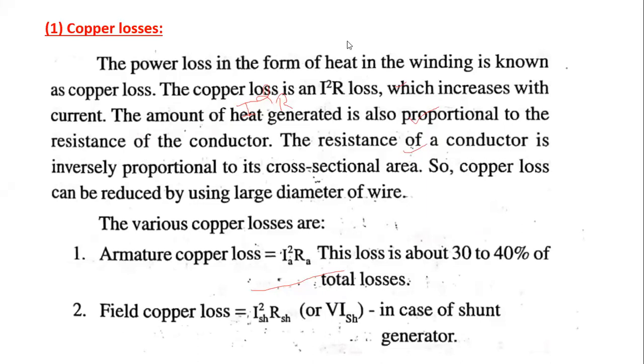First, coming to the copper losses. What is meant by copper losses? These losses are also called I square R losses. The copper loss depends upon the square of the current and the resistance.